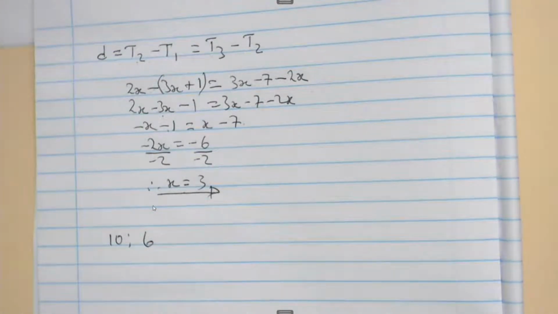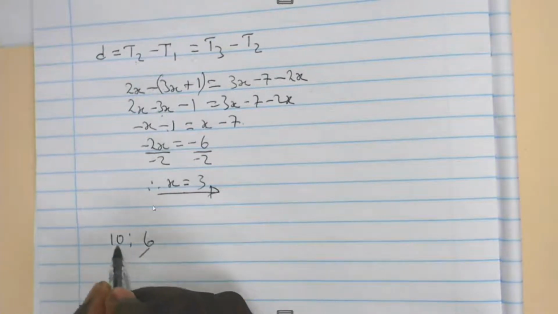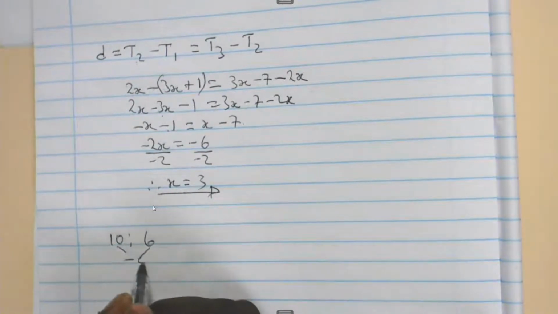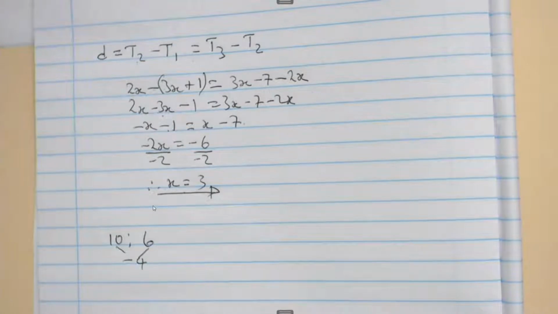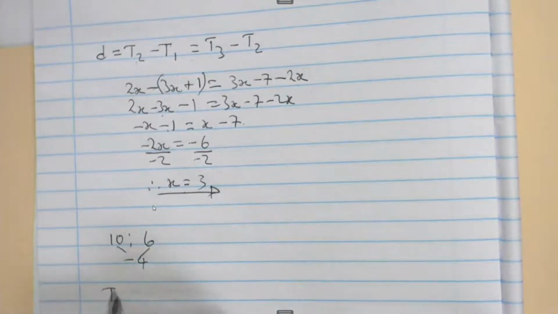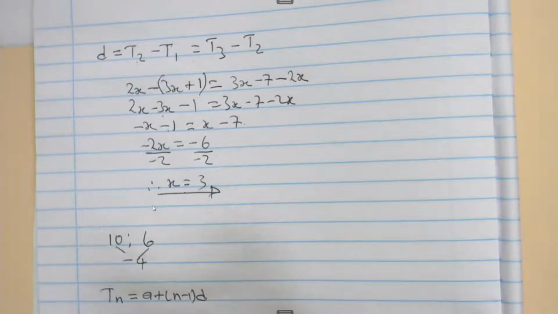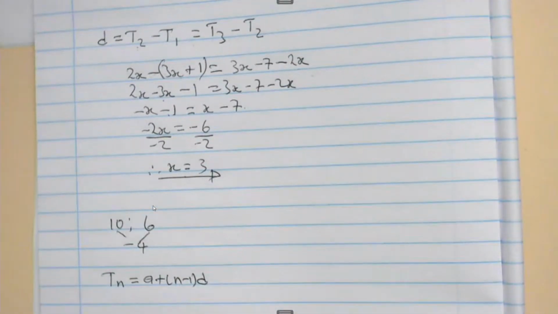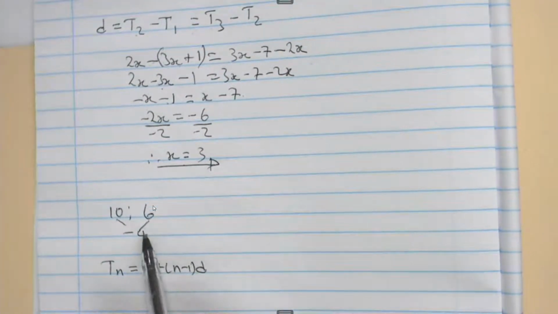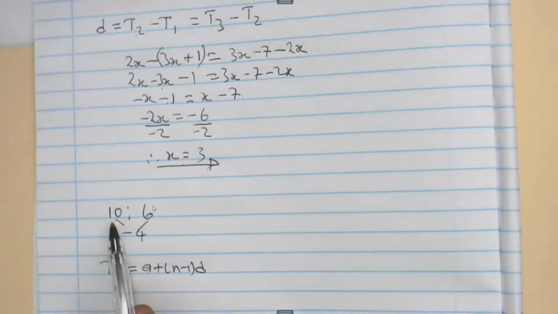The difference between 10 and 6, 6 minus 10, gives us negative 4. Therefore, the constant difference is negative 4. Now, Tn is equal to a plus n minus 1 times d. The difference is negative 4, and a, the first term, is 10.